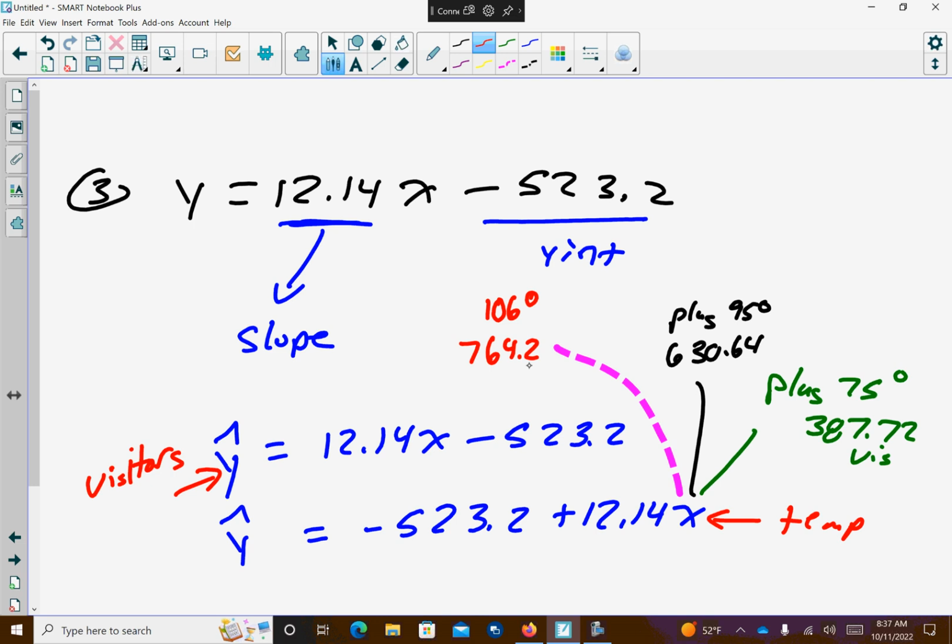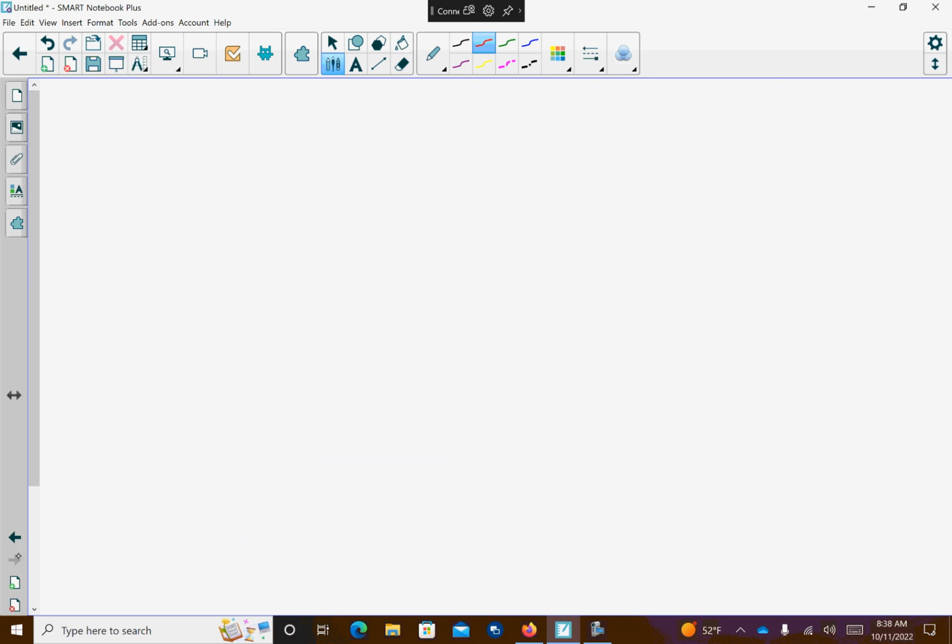So interpret the meaning of the slope in the context of the equation. An increase in weight of 1 pound would... because they gave you the equation, so they're going with this equation. They're going y, which is your mileage. So I'm using y hat. And x is your weight.